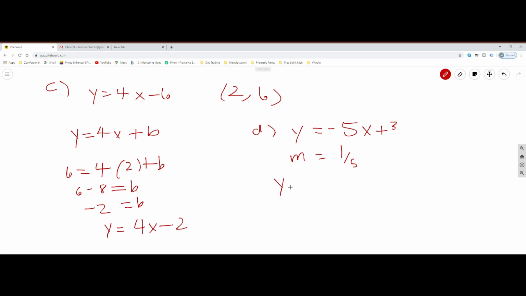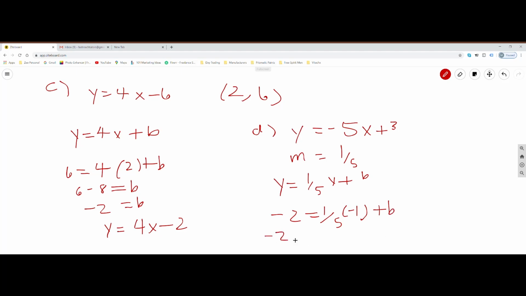So y equals 1 over 5x plus b. So sub in the points, you have negative 2 and negative 1. So negative 1 is the x point and negative 2 is the y point. So negative 2 equals 1 over 5 times negative 1 plus b.